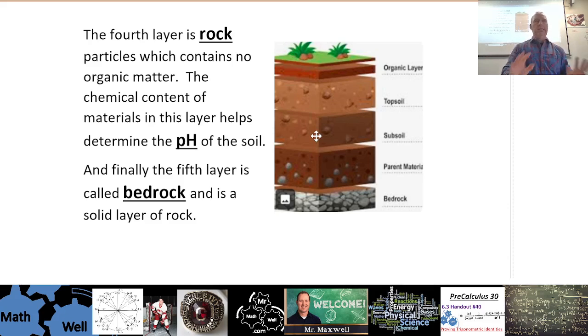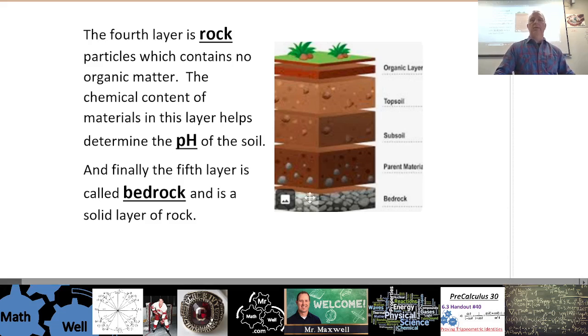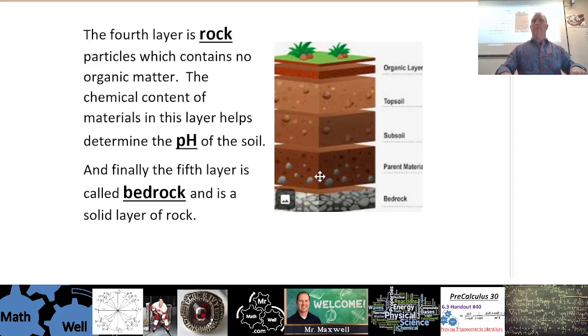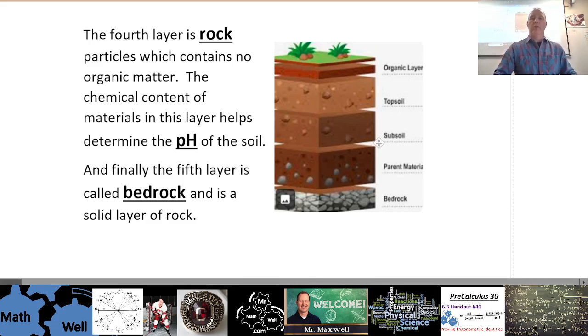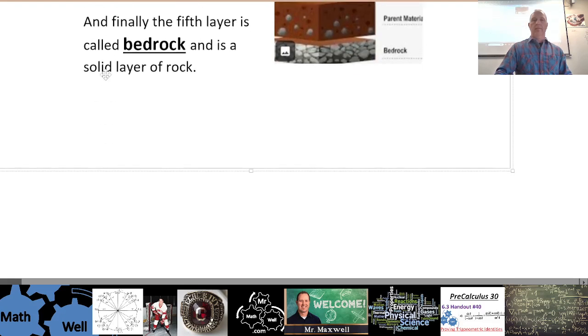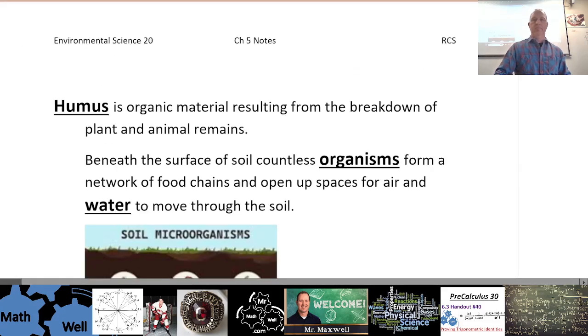So you want to get right down to the bedrock. That's why a lot of houses are drilled down into the bedrock, and there's steel and cement that are the piles, and buildings are built on that so that they don't shift around when the soil changes. Okay, let's go to the next page now.